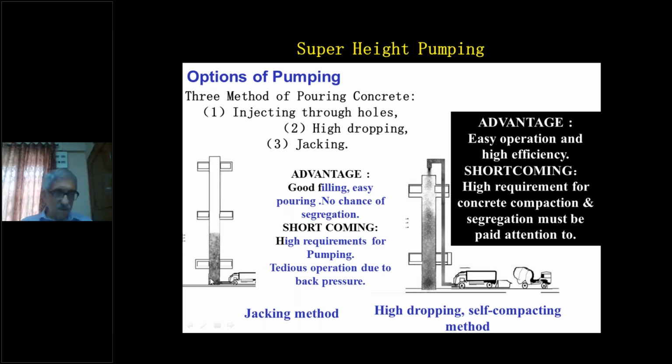You pump the concrete upwards. Now this has a full advantage: good filling, easy pouring, and no chance of segregation. The shortcoming is that you need high pumping pressures, and it is a tedious operation because every time the pump stops, the concrete comes back into the pump.